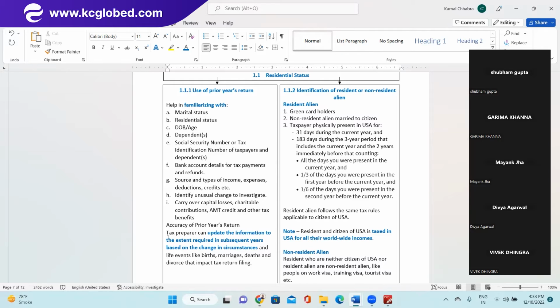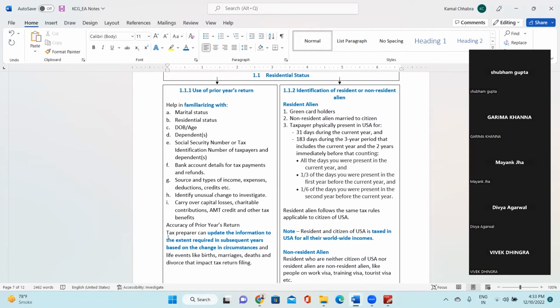Second is a non-resident alien married to a citizen. When a non-resident is married to a citizen of the United States of America, then that non-resident will be considered a citizen or resident of the country. Make sense?